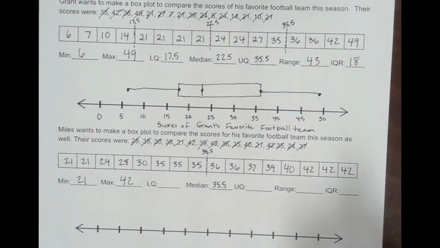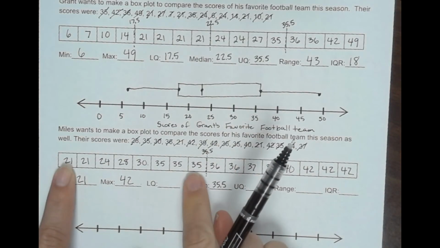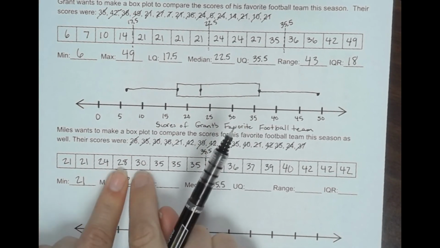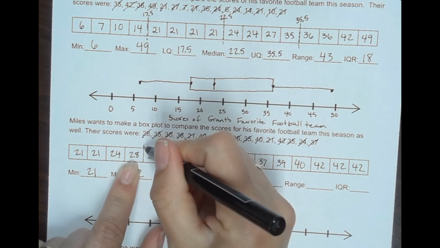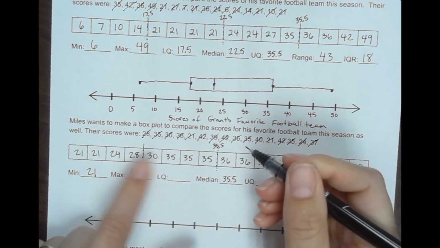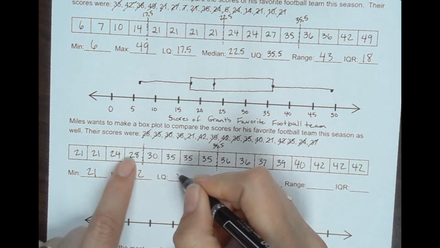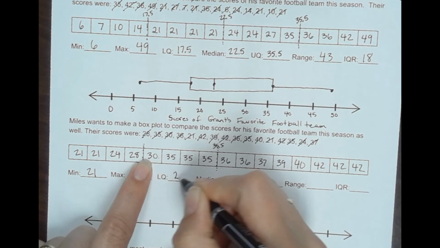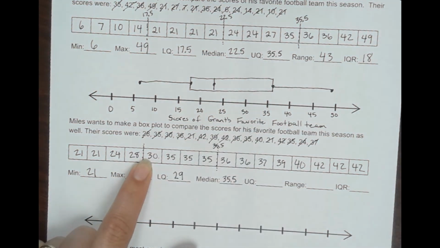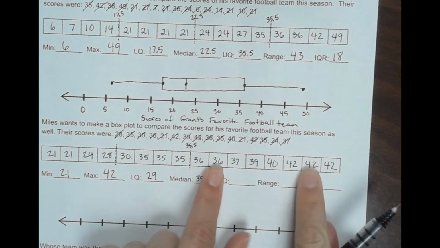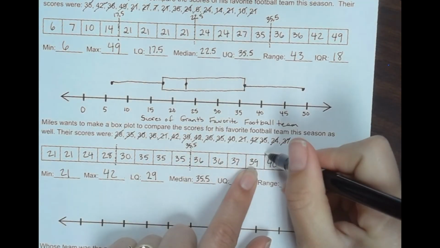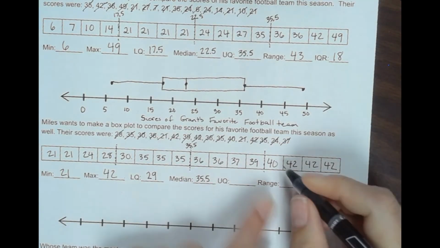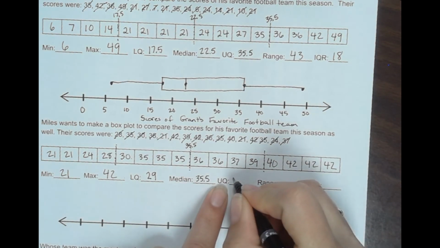Let's see. Lower quartile. Median of the lower half. Between 28 and 30. 28 plus 30 divided by 2, or halfway between the two, is going to give me 29. Upper quartile, 39 and 40. Add those together, divide by 2. We're going to end up with 39.5.